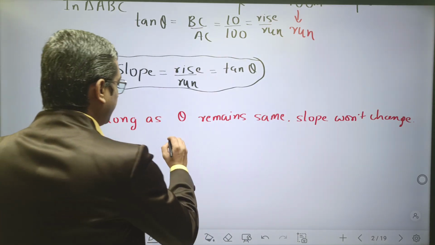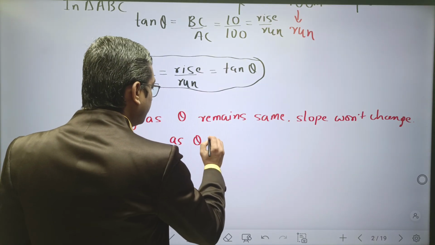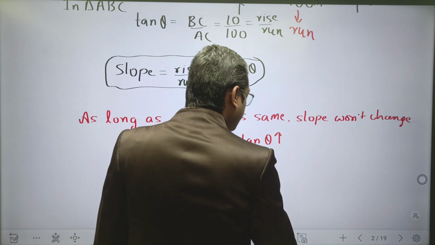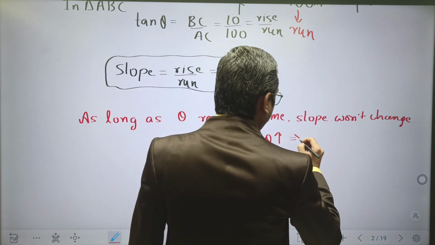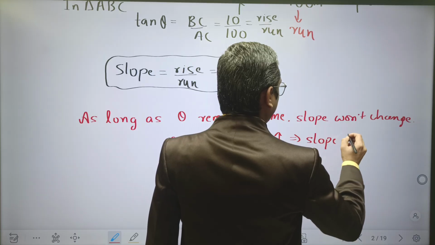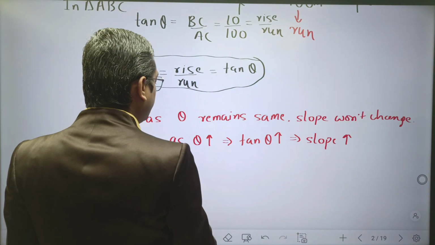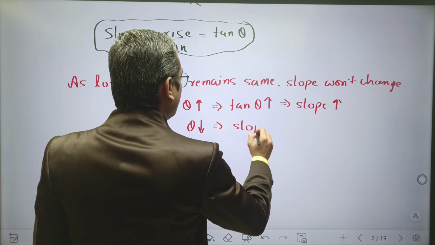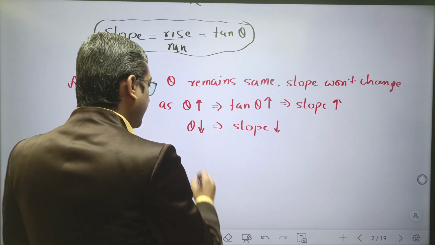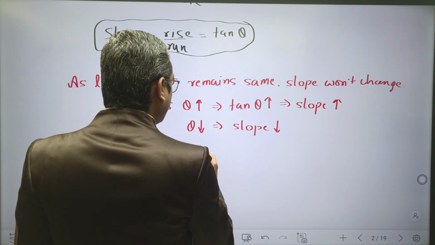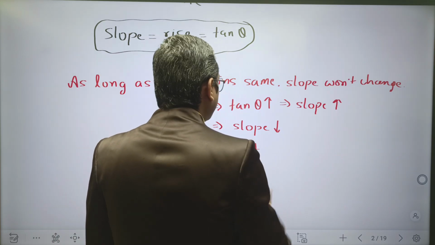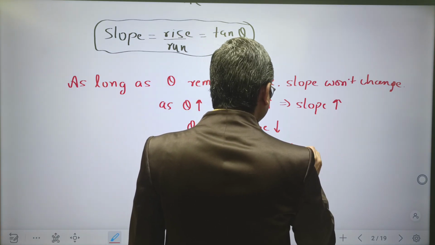Second important point, as theta increases, tan theta increases because tan theta increases with increase in theta, and this implies that slope increases. Are you getting? As theta decreases, slope decreases, and as theta is constant, then slope will be constant.